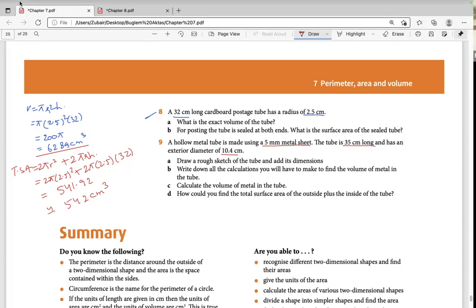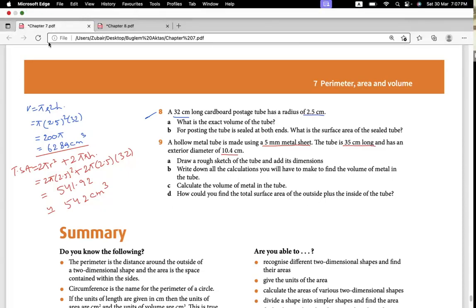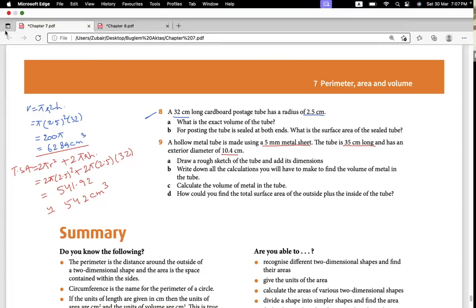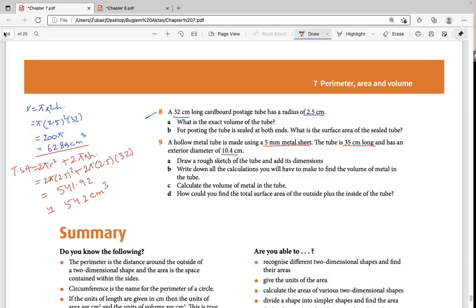Well, it has no circles on the two ends. Yeah, that's an open tube. Hollow. It's 35 centimeters long, and then 10.4. Well, drawing it is easy, kind of. You just have to place it. I don't know if you can see from my computer.